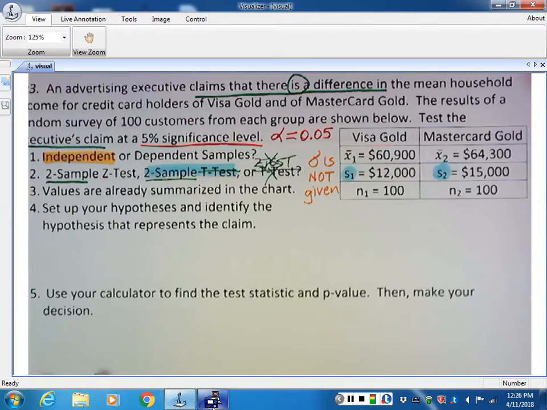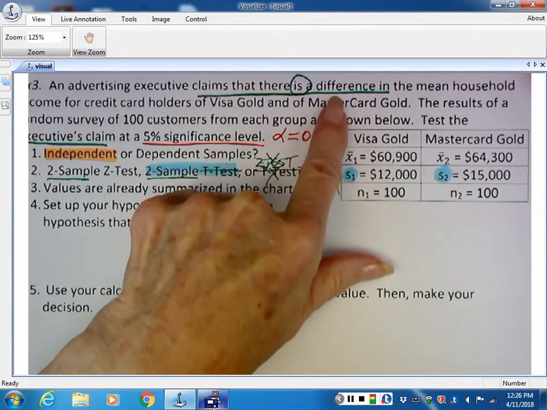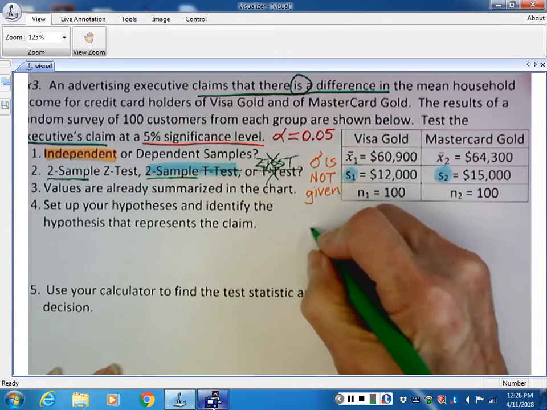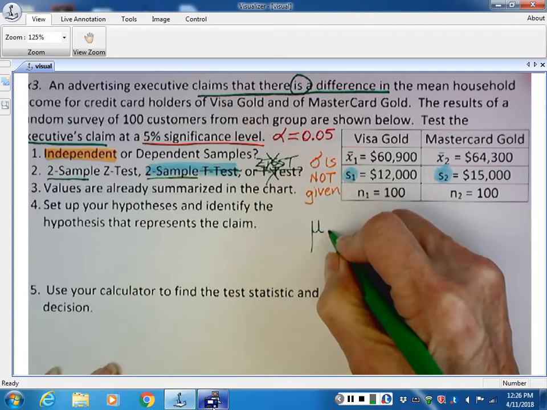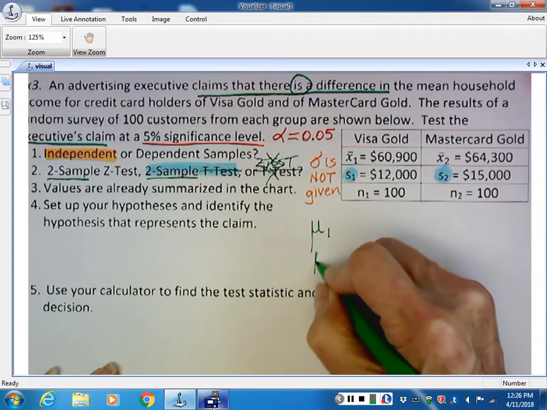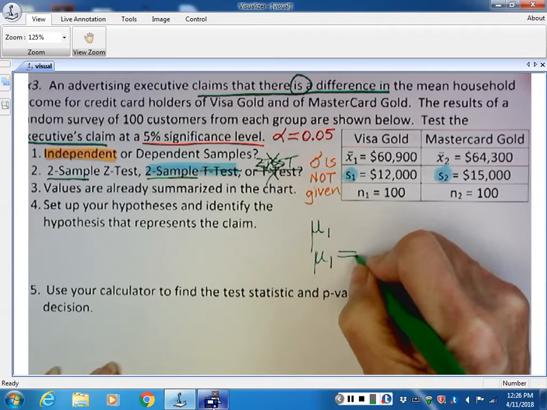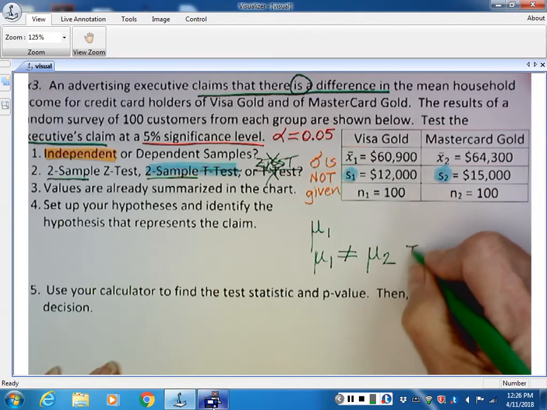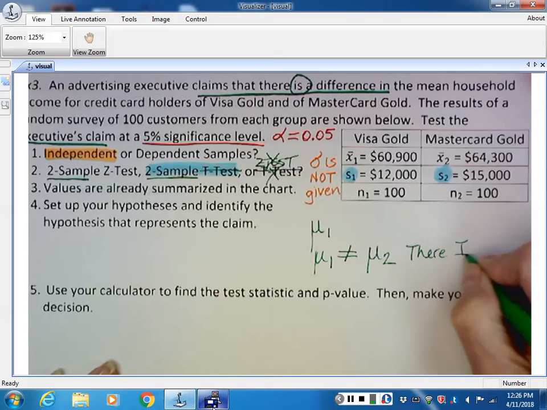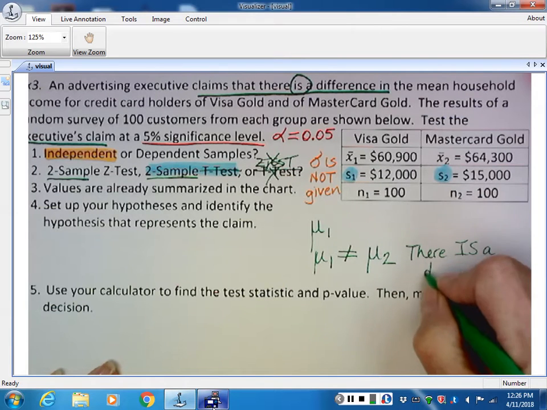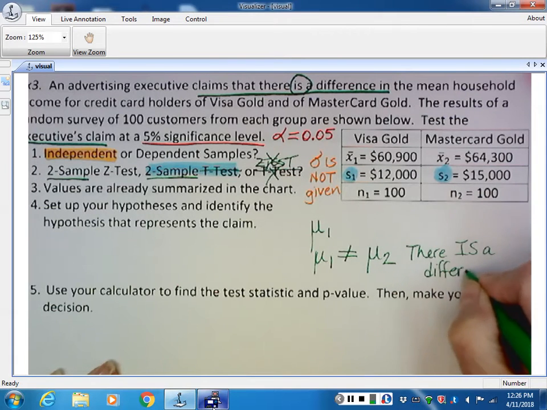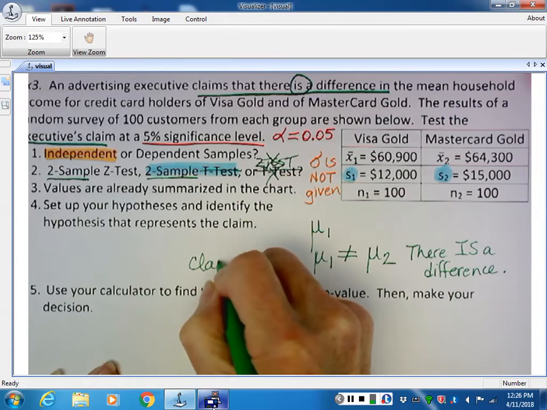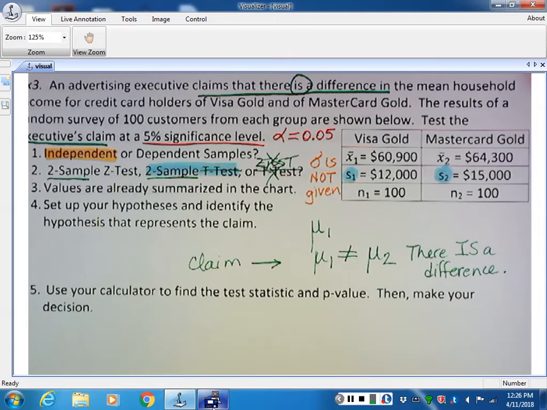At the very beginning of the problem, they claim there's a difference in the means. So there's our claim.